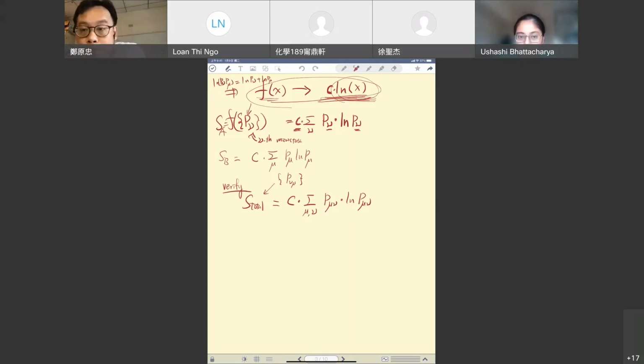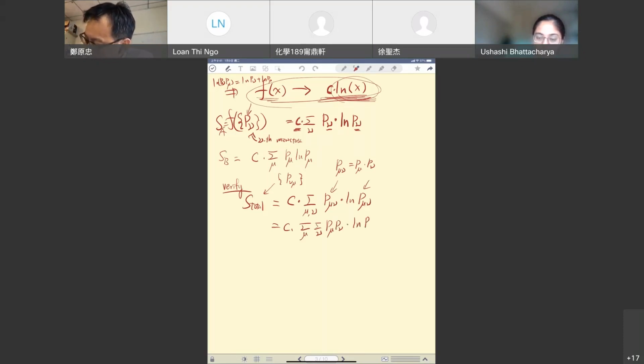This is the distribution for the composite system. And we know it's independent, so P mu nu is P nu times P mu. Plug that in, it is C times the sum of P nu P mu natural log of P nu P mu. And this is inside the natural log, so we separate.